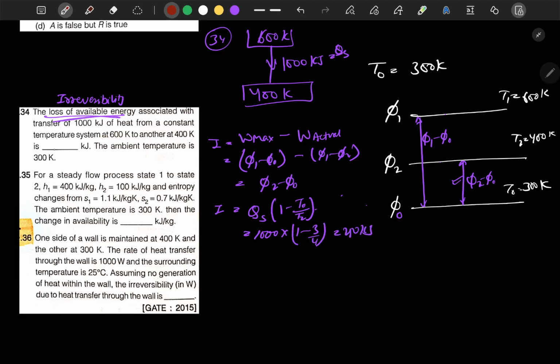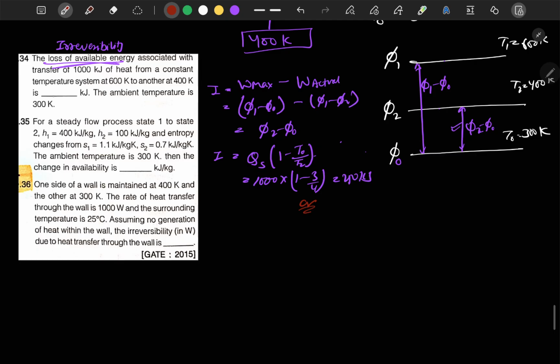Or there is another beautiful method which we can use here. You can use the Gouy-Stodola theorem. The Gouy-Stodola theorem tells us that irreversibility is equal to T naught times delta S total.